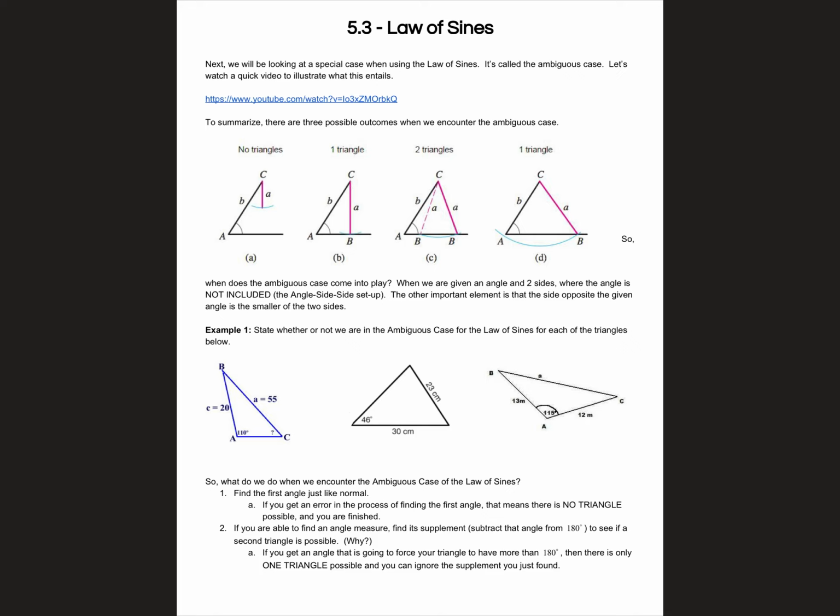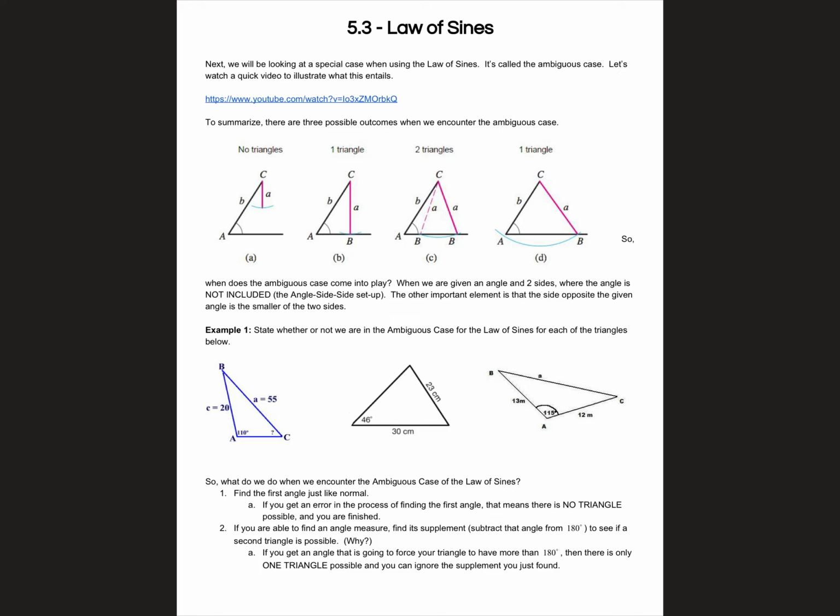So what you saw in the video summarized is that when we encounter this ambiguous case, there's actually 3 possible outcomes. We might be in a situation where we cannot create any triangles based on the lengths of the sides and the angle that we're given. We may be in a situation where we can create one triangle that is a right triangle, or one triangle that is a non-right triangle.